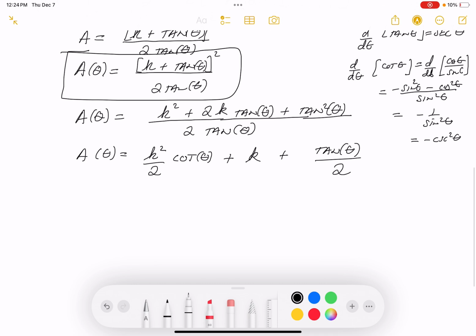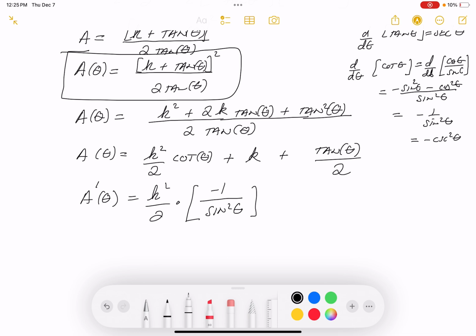We got two things over there. Let's write this down. A of theta, take its derivative. You get k squared over 2 times the derivative of cotangent. Well, we just did that. That's minus cosecant squared, which I'm going to write as minus 1 over sine squared.